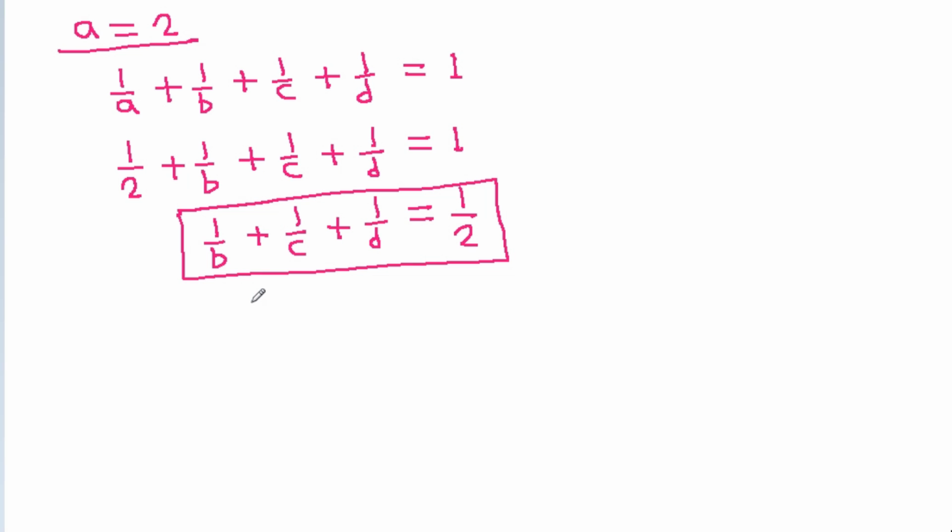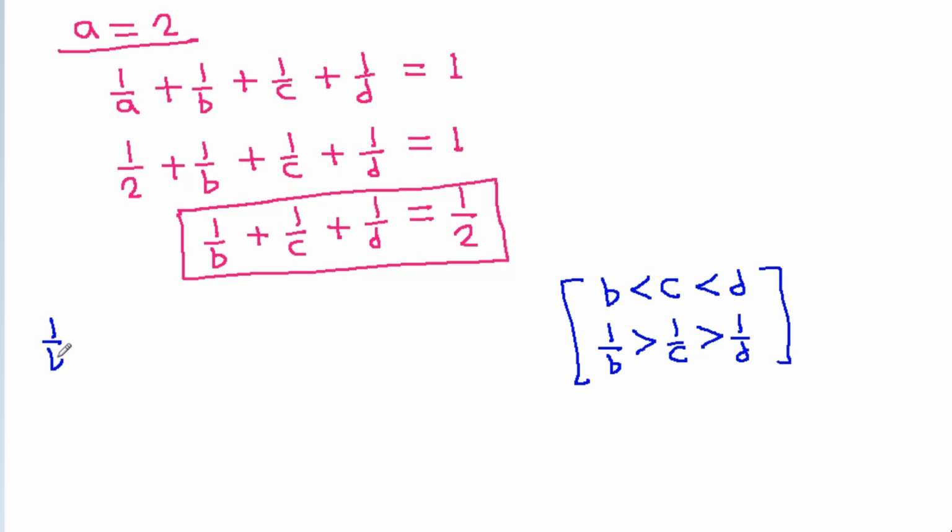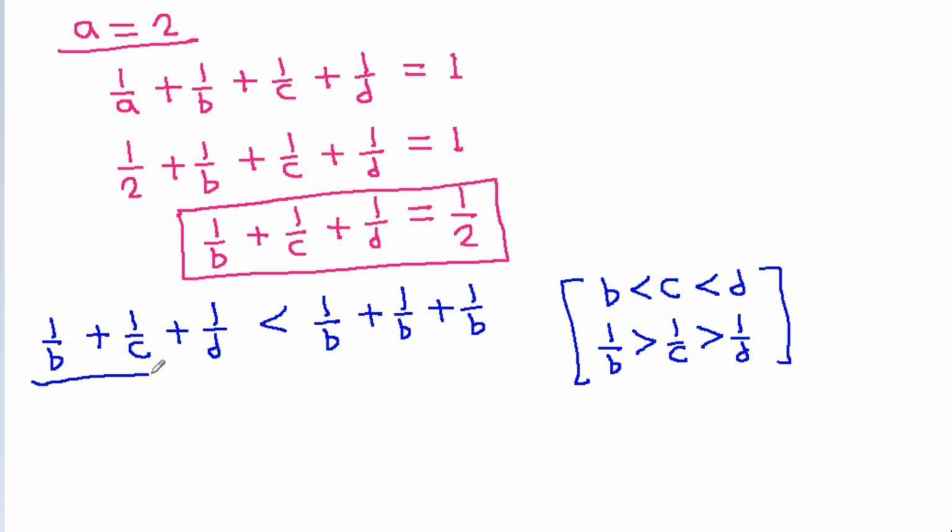And now can we find the maximum value of b? We have b less than c less than d, so 1/b will be greater than 1/c, greater than 1/d. So 1/b + 1/c + 1/d will be less than 1/b + 1/b + 1/b, and this is 1/2, less than 3/b.